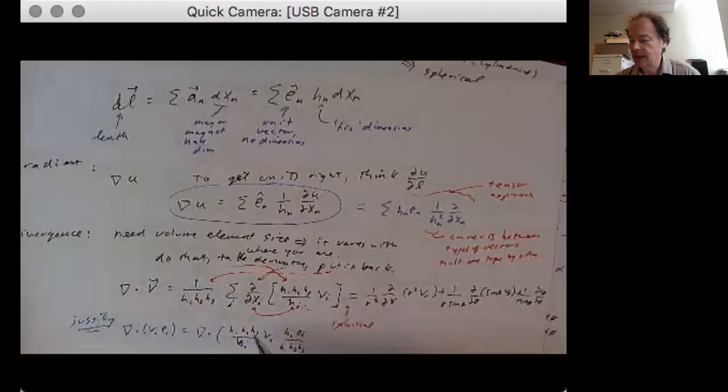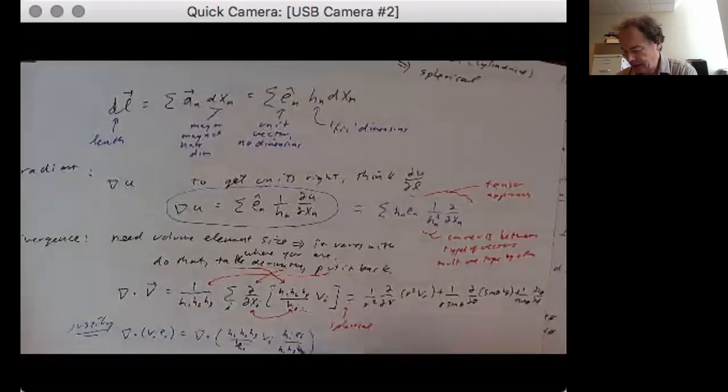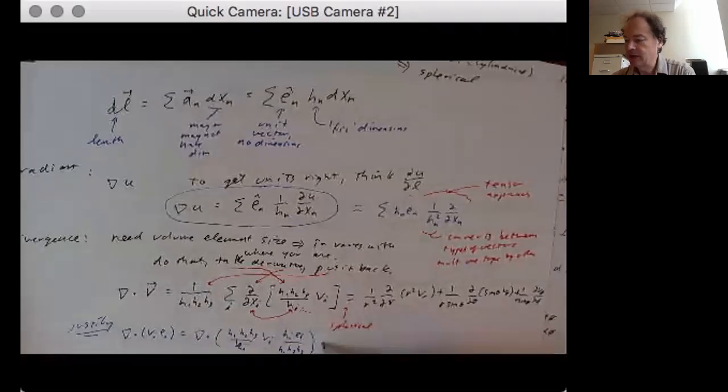Okay, so those cancel. You actually have exactly the same thing now written funny, but you can do the product rule now for this.